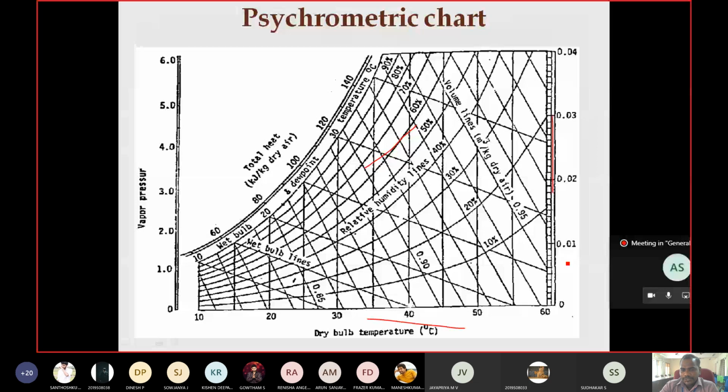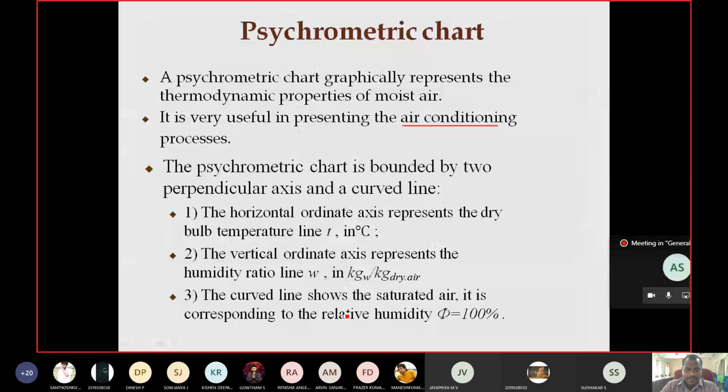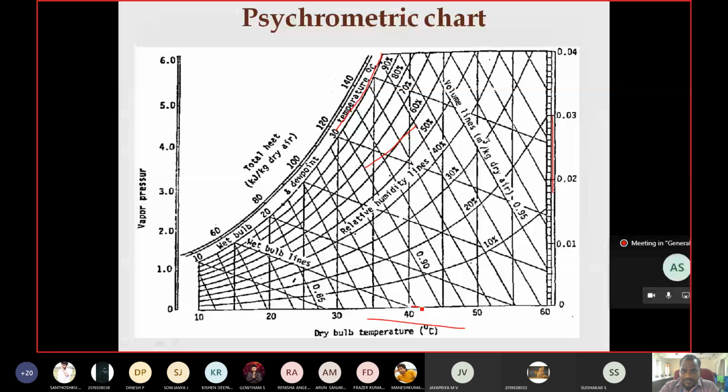Then the curved line shows the saturated air, corresponding to the relative humidity in percentage. So we have the curved lines for 10% relative humidity, 20%, 30%, 40, 50, 60, 70, 80, 90, and this line is 100%. The bottom axis is 0% relative humidity.